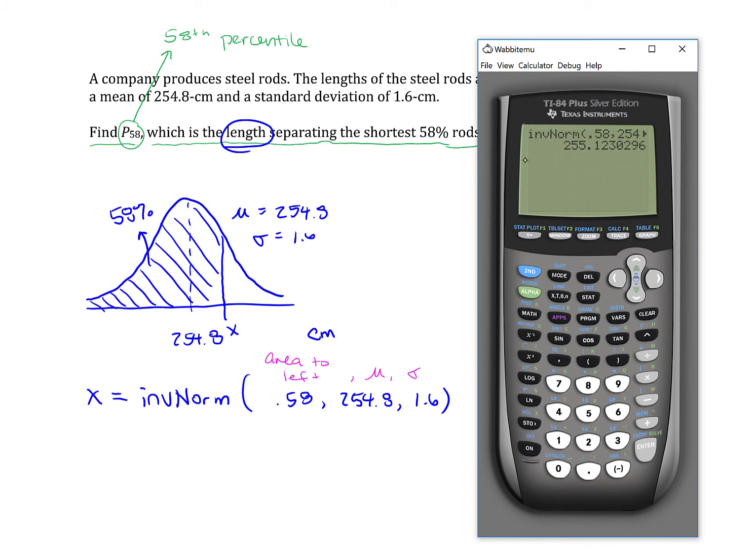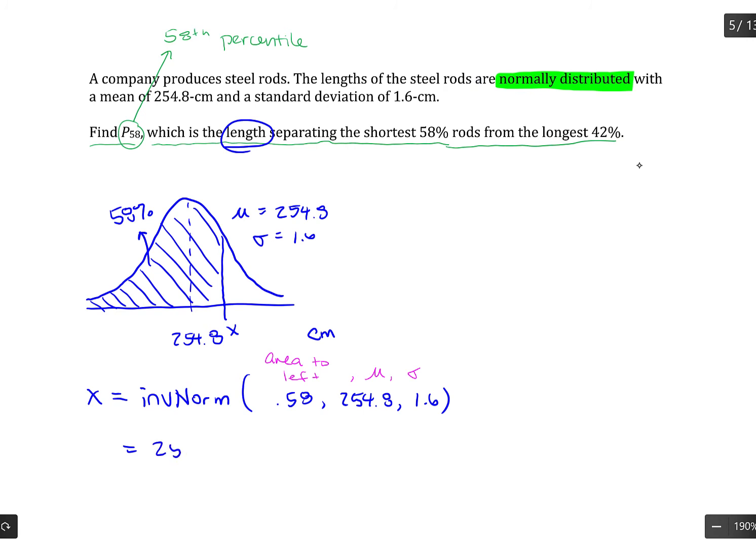That gives me 255.123. And in terms of rounding, we generally round to the same accuracy as the mean and standard deviation. So that would mean I would round to 255.1, and of course that unit would be in centimeters. But follow any rounding rules that you've been provided.